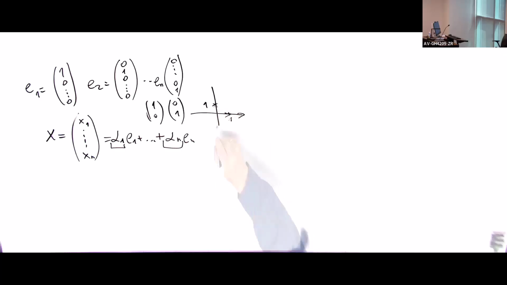How about 3 dimensions? Same thing, you have 1, 0, 0, let's say this is X, Y, Z. So you have one in that dimension. This is the first vector, second vector, third vector. Okay. A regular rectangular system of coordinates. This is what that thing is.